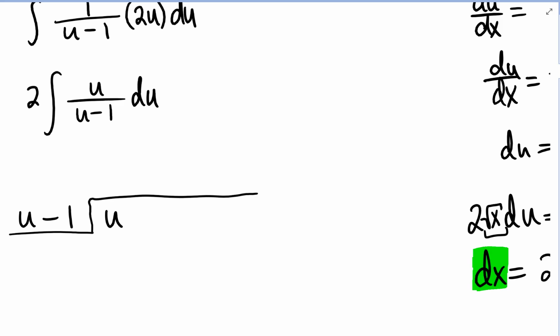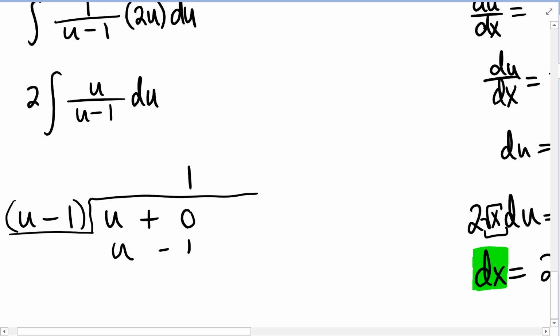This could be written as u plus 0 if we want to take into account that column. So u goes into u only one time, and we'll put that in the numbers column. 1 times u minus 1 is u minus 1. And then we draw our line and change our signs, and we get 1. 1 is our remainder, and we write the remainder over the divisor.